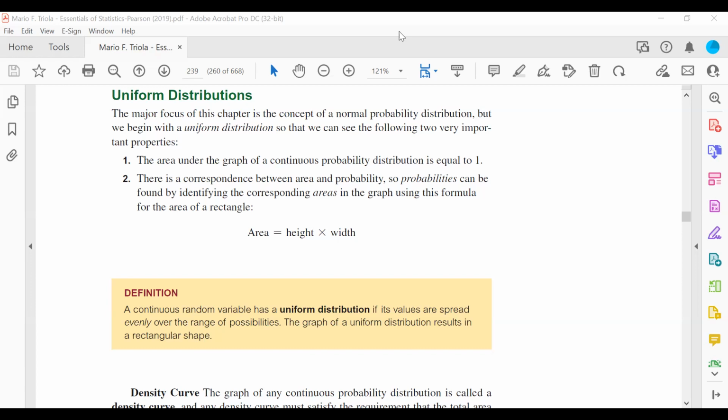So the area of the graph has to equal 1, and the probability of all of the events has to be a value between 0 and 1. It so happens that the graph ends up looking like a geometric figure. Let me show you what it looks like.